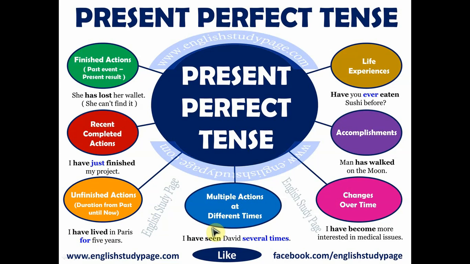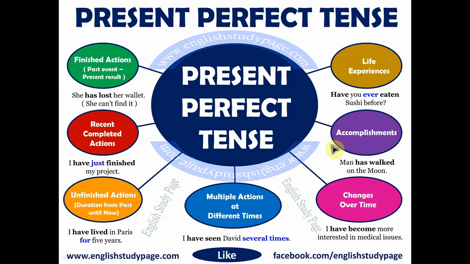For example, when I say, I have seen David several times. Also, when I'm talking about changes over time, something that changed over time. For example, I have become more interested in medical issues.